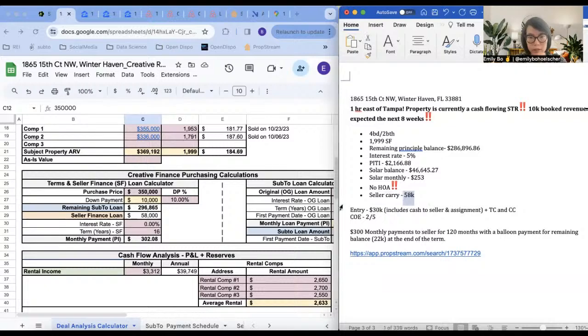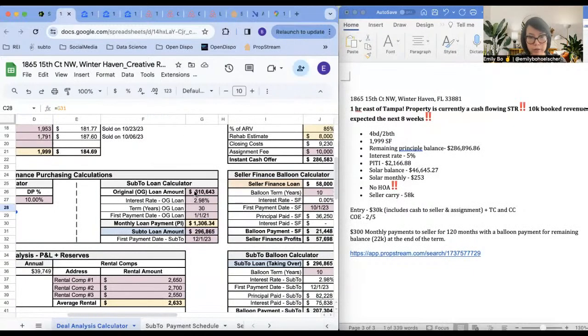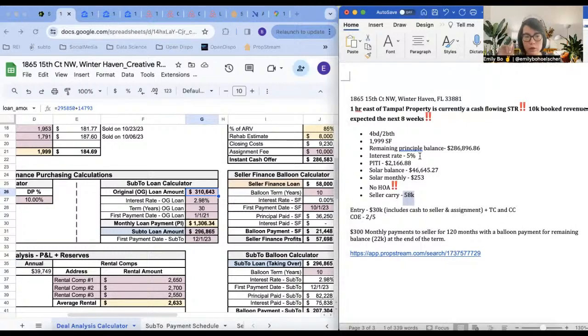The seller carry 58K is basically the seller finance loan, meaning that the seller becomes our bank, and we just pay the monthly payment to the seller. And from PropStream, I actually find the property's remaining original loan is about this much, and the interest rate is 2.98%, not 5%. So there are discrepancies.